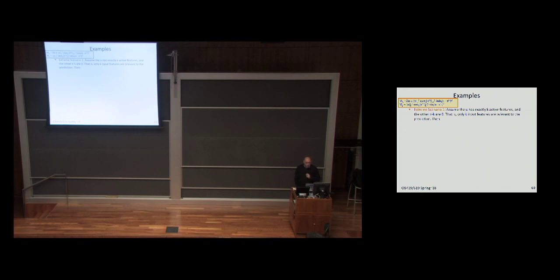Okay, extreme scenario 1. Assume that U, the target function, has exactly k features, and the rest, n minus k, are 0. Okay? So only k input features are relevant to the prediction.